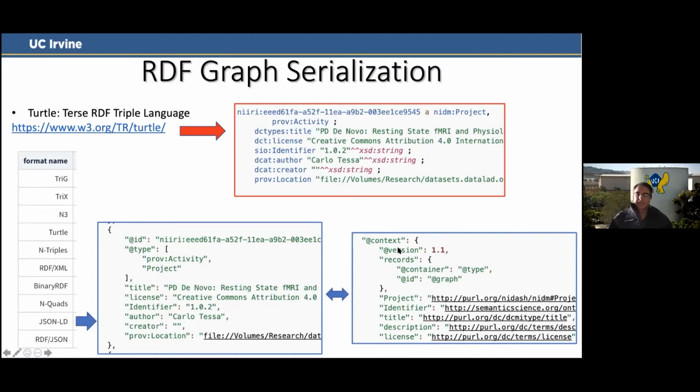And this context document tells you that project in this case has a URL, identifier has a different URL, and so between the context part and the actual rest of the JSON dictionary, you get essentially a linked data version where each of the keys has a URL that links out to describe what it means.